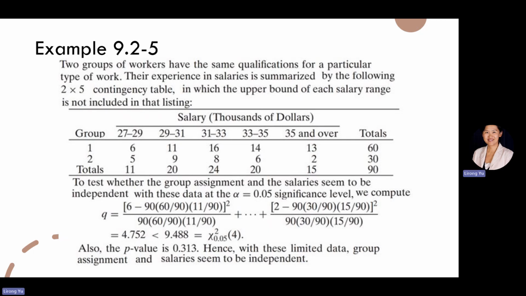Any questions? So essentially, you want to determine if they're independent. But before you determine they're not independent, we assume they're independent. If events are independent, we multiply their probability. And for a similar reason, we multiply their degrees of freedom. So the degree of freedom for the chi-square is 4.